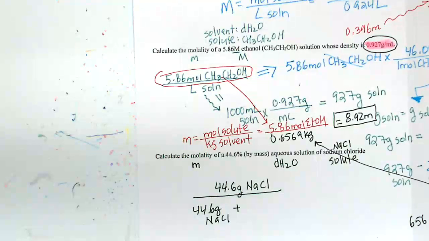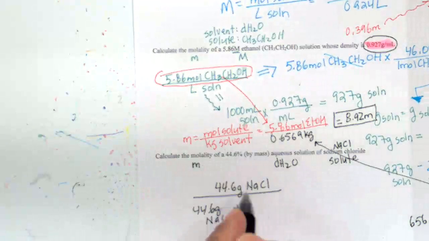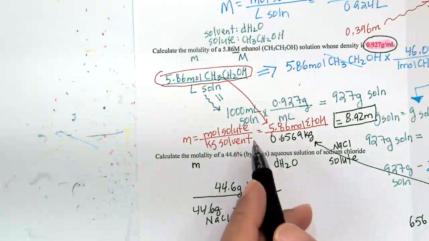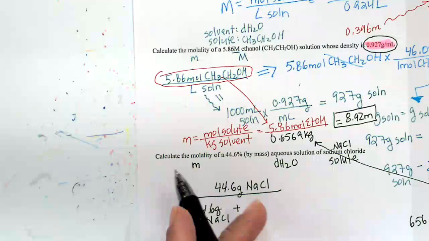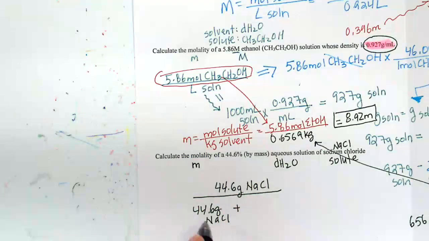What do you think? How much water is in here? Okay, it's sodium chloride and water. So mass percent is 44.6% sodium chloride. So it's 44.6 divided by 100. So how much water is in there?